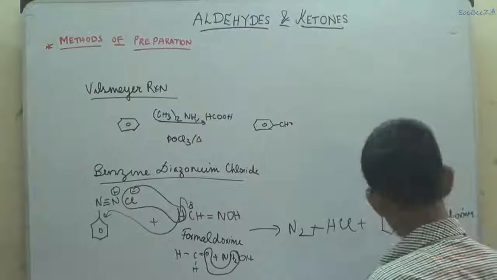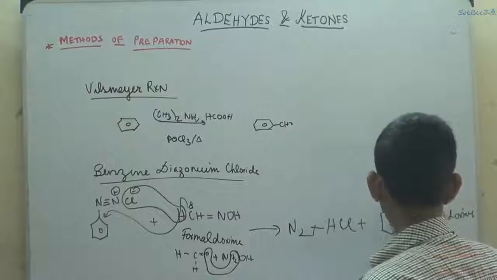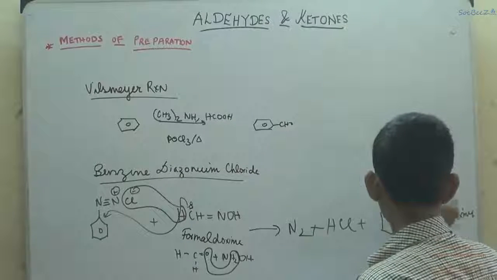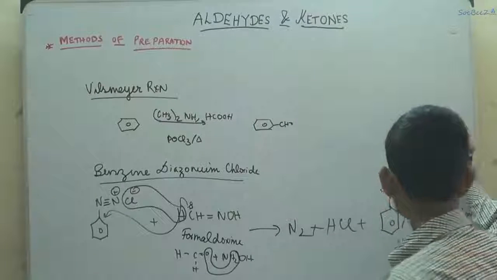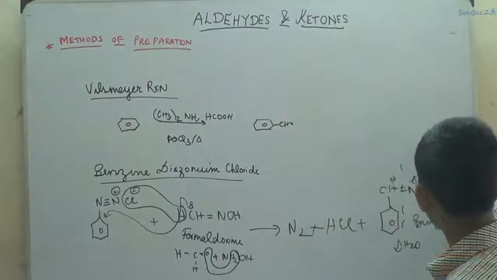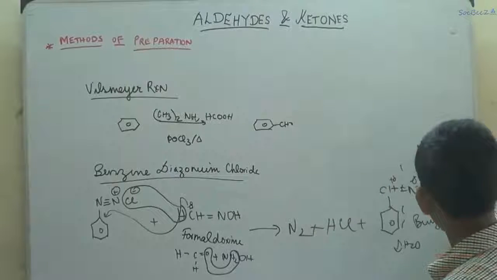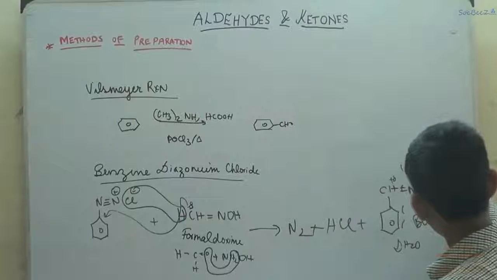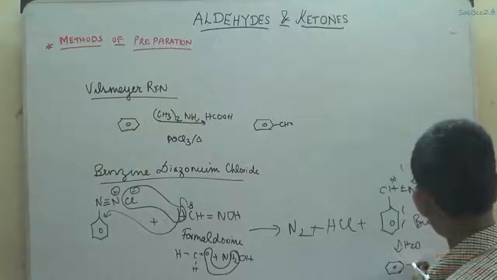And then you form this benzaldoxime, and if you treat it with water, what happens? NH, H comes there, so you get your NH2OH plus C=O, that is your benzaldehyde.